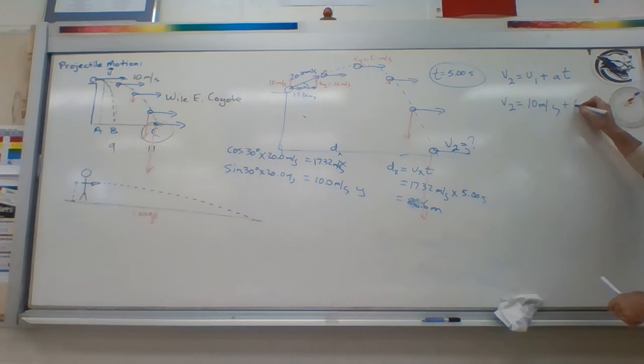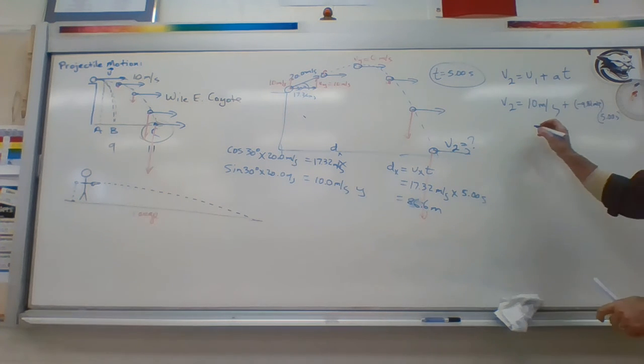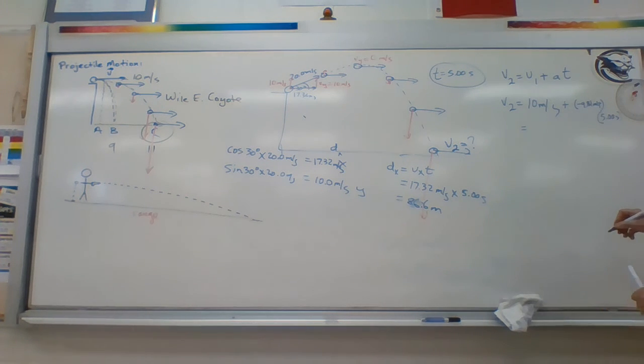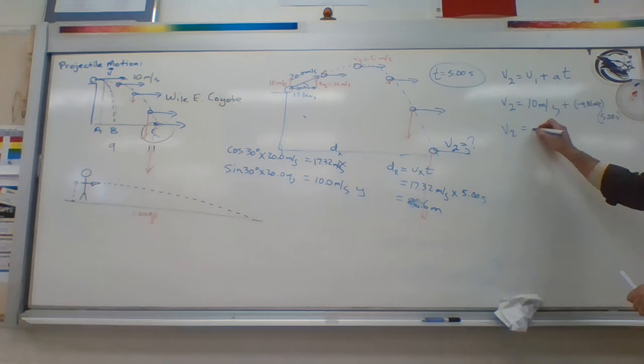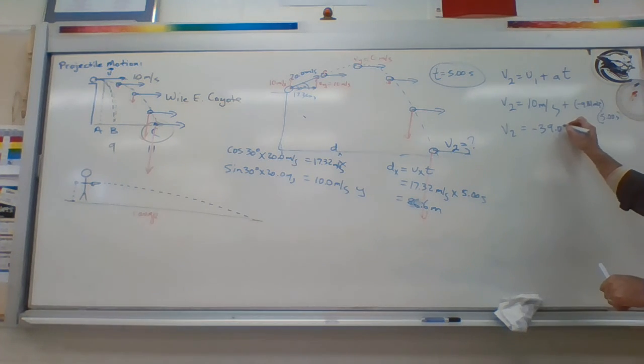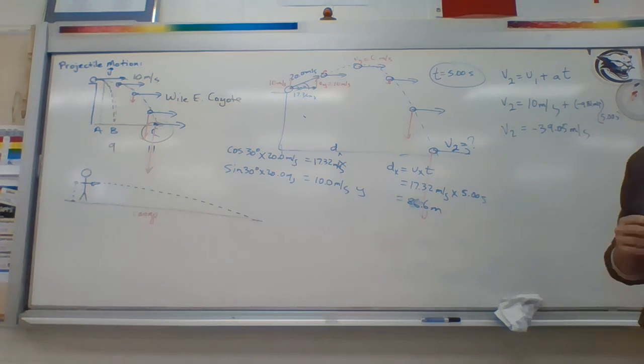The acceleration, of course, is negative 9.81 meters per second squared. And, sorry, I'm running out of space here. The total time in the air, right? This is the hang time. It says the total time that the object's in the air is 5 seconds. So I've got to do negative 9.81 times 5, and I add 10 to that. I get a negative 39.05 meters per second.